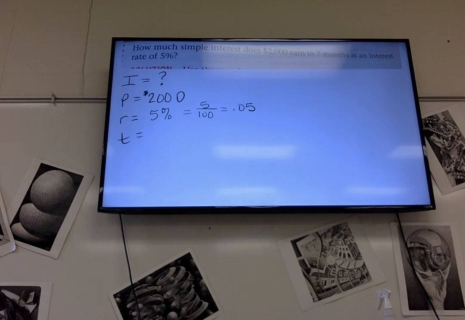And then what was the time, Gwyneth? 7 months. But it's in months. It's supposed to be in what? Years. And out of months, how many months are there in a year? 12. So it's 7/12 of a year. So we just put 7/12.